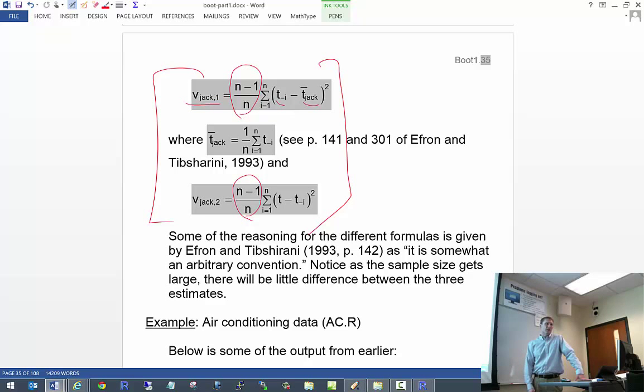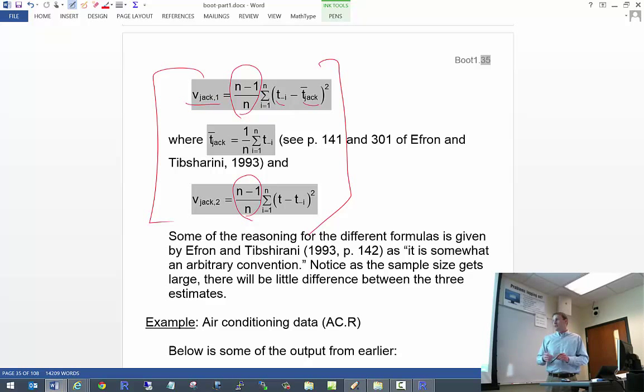Nothing practical, no. Also, in Efron and Tibshirani's bootstrap book, which was the first bootstrap book that really talked about the practicality of it, they talk about these different formulas, and they say that some of these other formulas that you see here on page 35 are chosen based upon a somewhat arbitrary convention in terms of some of the terms in it, like the n's. And on page 301 or so in their book, they do talk about the one that we're going to focus on.